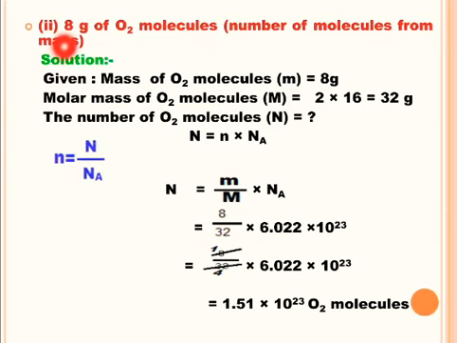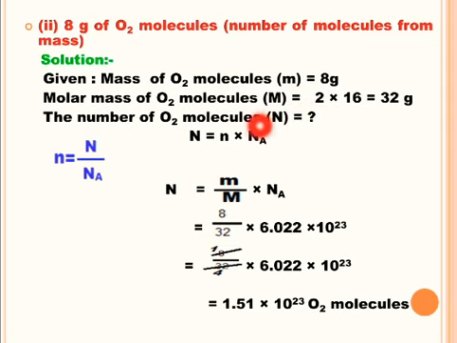Similarly, we can find out the number of molecules in 8 grams of oxygen molecules from its mass. See what is given? Mass of oxygen molecules, that is small m, is given, 8 grams. And we can calculate the molar mass of oxygen molecule, that is capital M, by calculating its molecular mass.